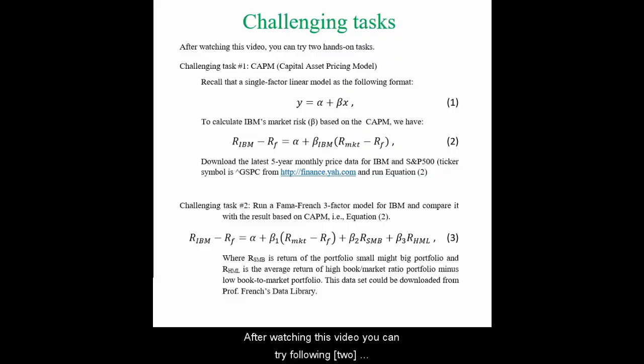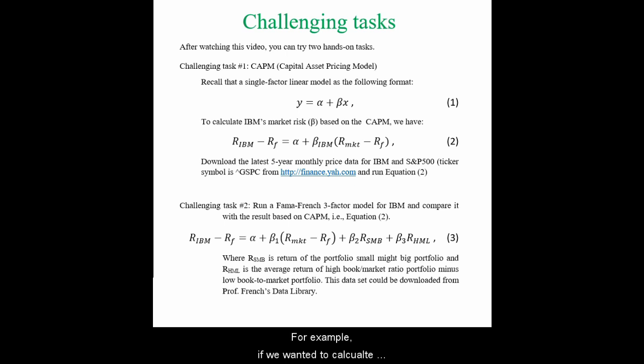After watching this video, you can try the following hands-on exercises. Challenging task number 1: run a capital asset pricing model. Recall, a single-factor linear model has the following format: y equals alpha plus beta x. Beta, the slope, in finance is called market risk.